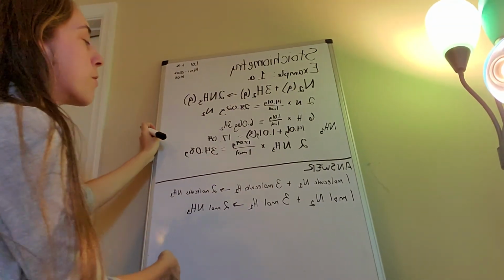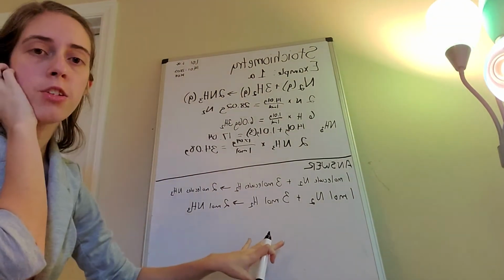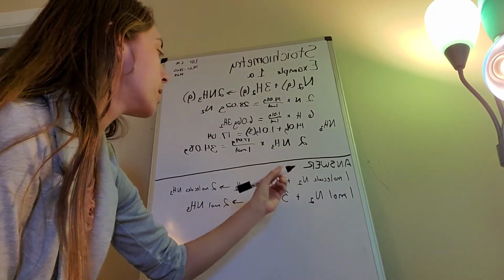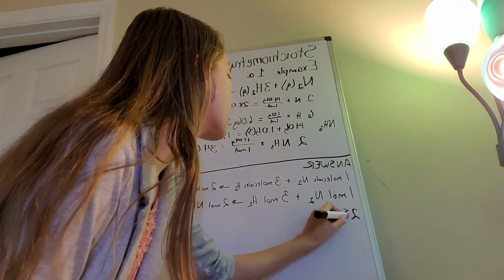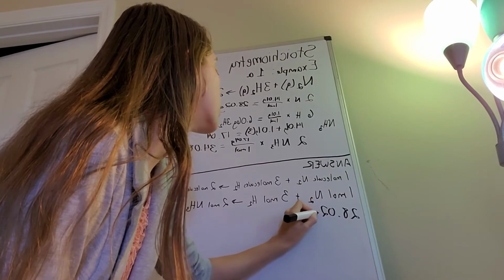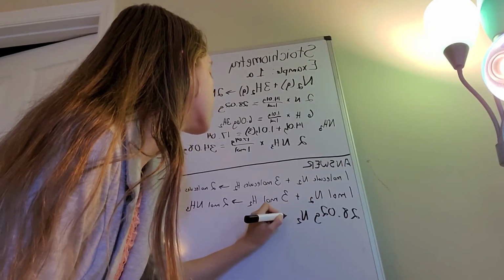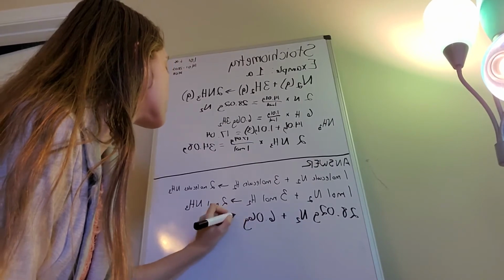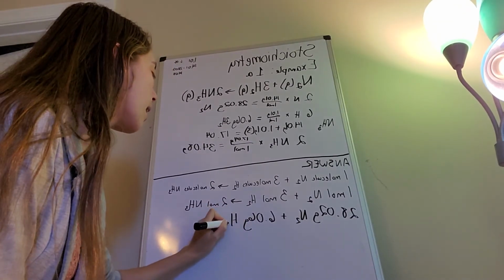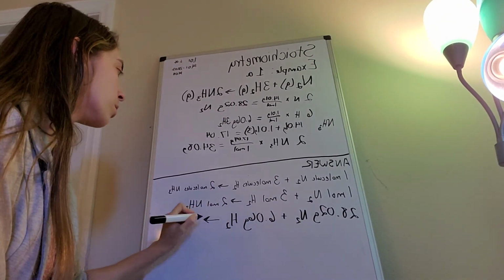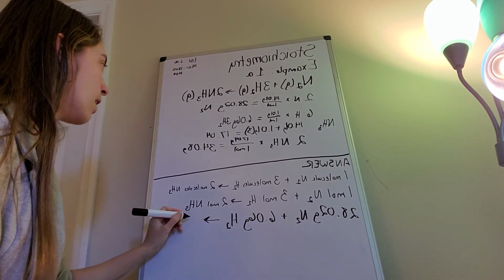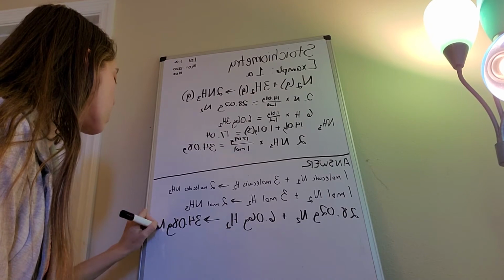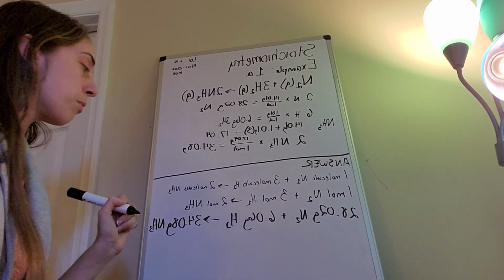Okay, so now we can move back down and do our last interpretation, our interpretation in grams, using all the numbers we compiled up here. So we have 28.02 grams of N2 plus 6.06 grams of H2, which gives us 34.08 grams of NH3.